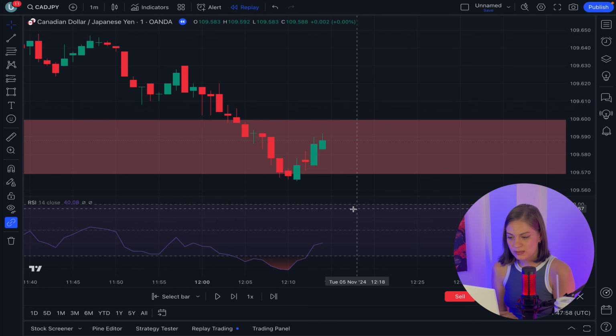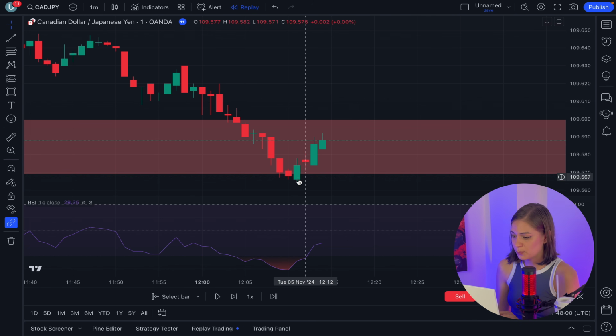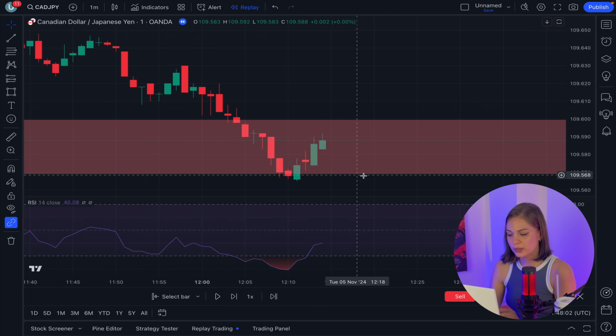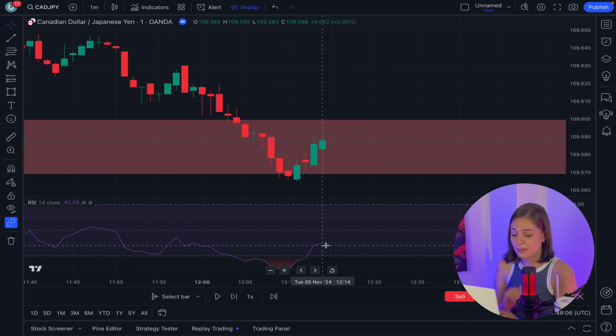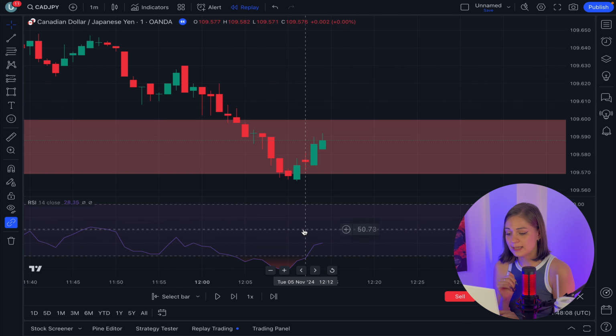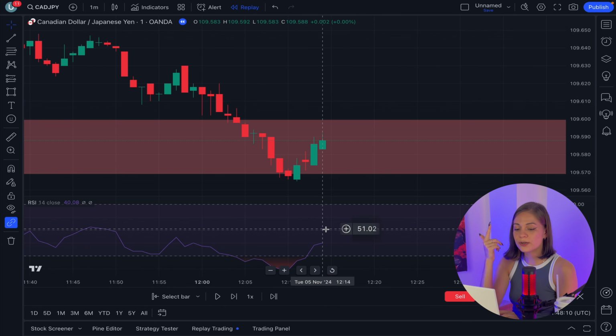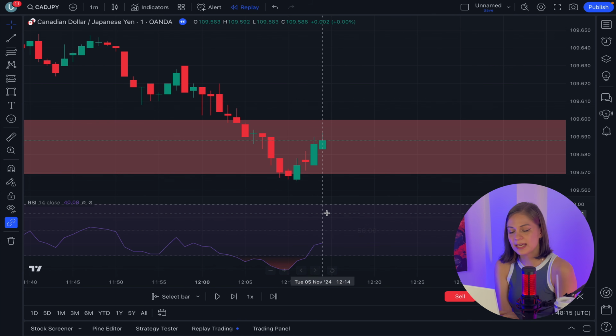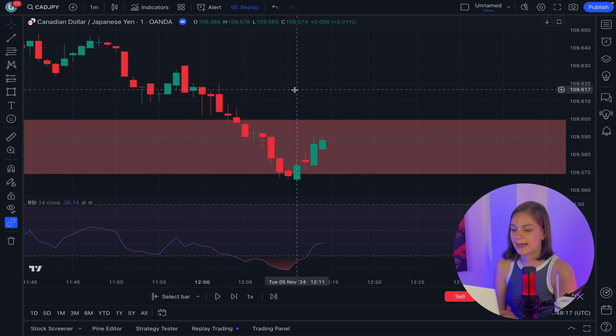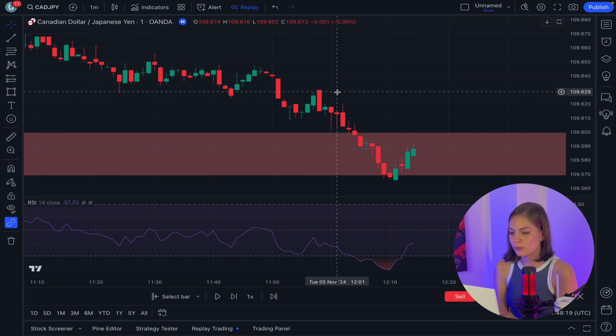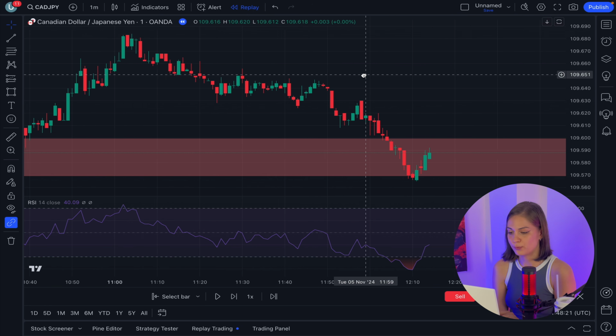In this case, we see the situation. Amazing, chef's kiss, perfect. It shows us that at this point we had an oversold area, but that doesn't matter for us. We need to look at whether the line of RSI is going to go over the level of 50. And that's going to be an indicator that the trend actually has enough energy and power to move the price upwards.